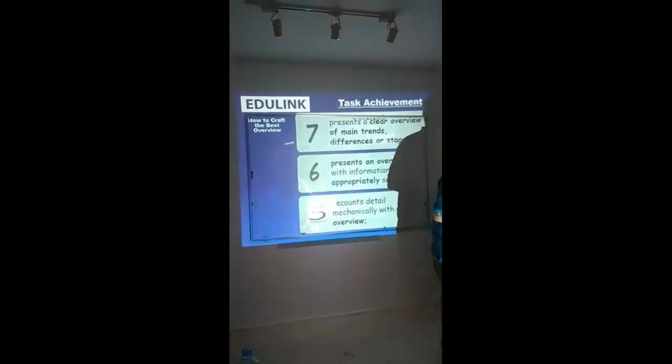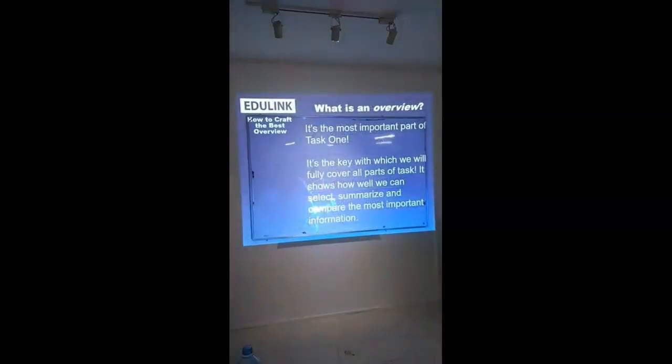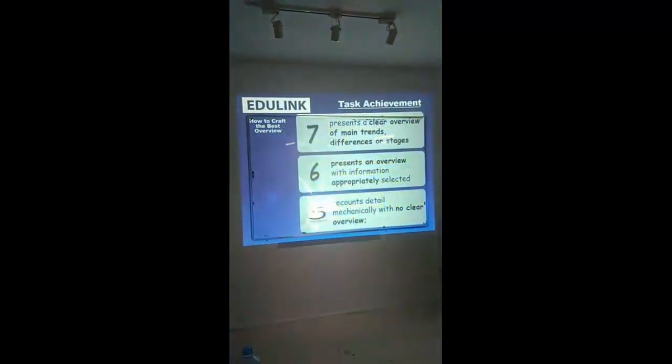What I mean is that it's not hard to be appropriate. It's doing the very least, the very most basic. That's why it's only a 6. To get to a 7, you have to be aware of the trends, the differences, and stages.